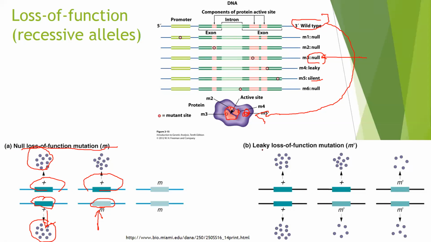And for example, if a mutant allele still can produce some functional protein, but as you can see, the amount of the functional protein produced by the mutant allele is significantly less than the wild type. So in this case, we can say this mutation will cause the leaky loss of function of the wild type. So there are two different concepts here: the total loss of the function or the leaky loss of function.